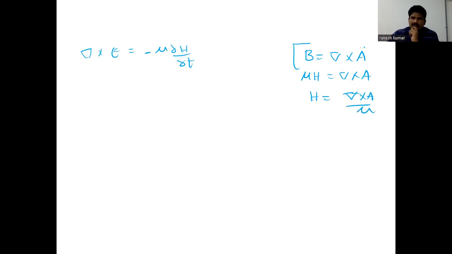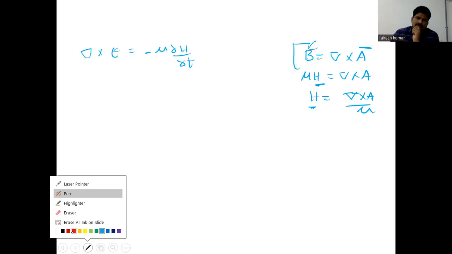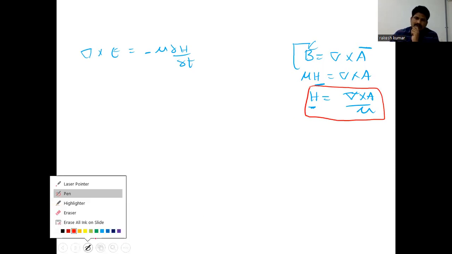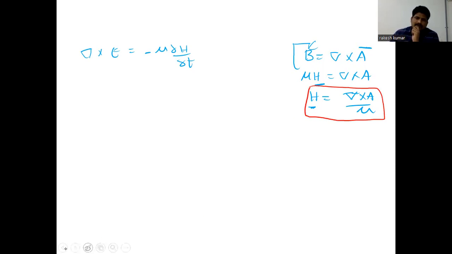Here A is the vector potential and B is the magnetic flux density. The value of H is equal to del cross A by mu.